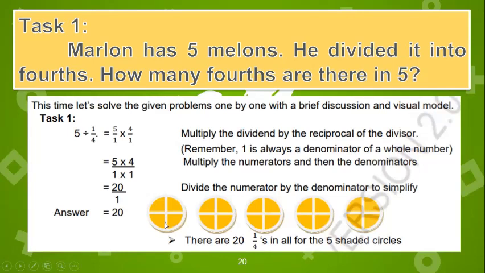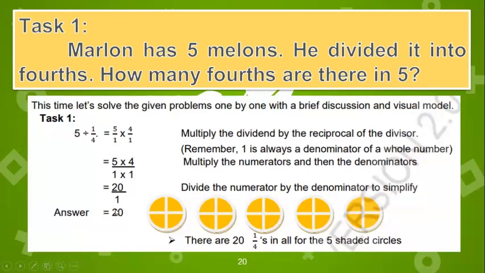So now let's focus here in our visual model. So assuming this 5 are the melons and Marlon divided it into fourths. So correct. Each melon had been divided into fourths. Now, the question, how many fourths are there in 5?